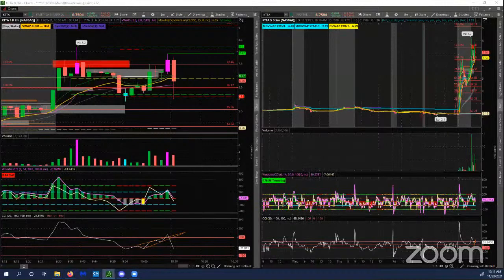All right. But yeah, that was a nice little inverse head and shoulders right here. And look where that purple candle closed. We drew that from open range, and that purple candle could close above that level, and we flushed.